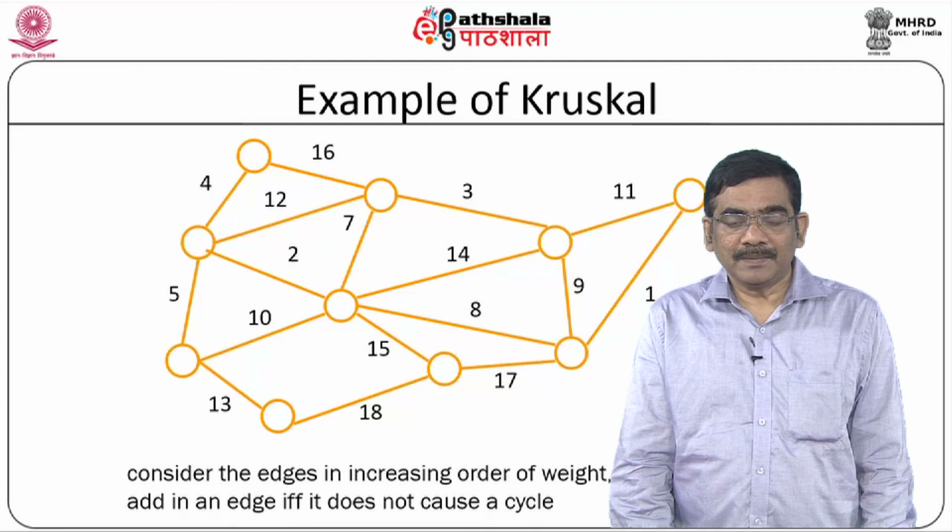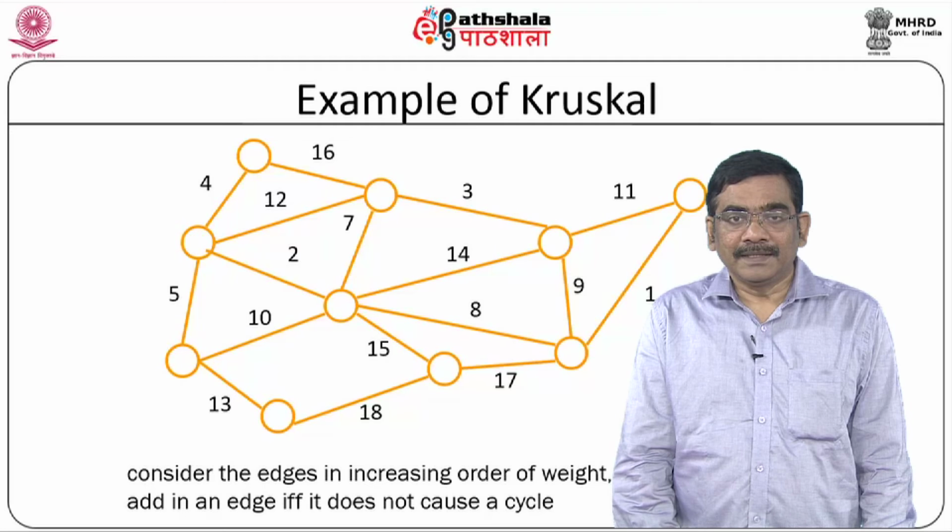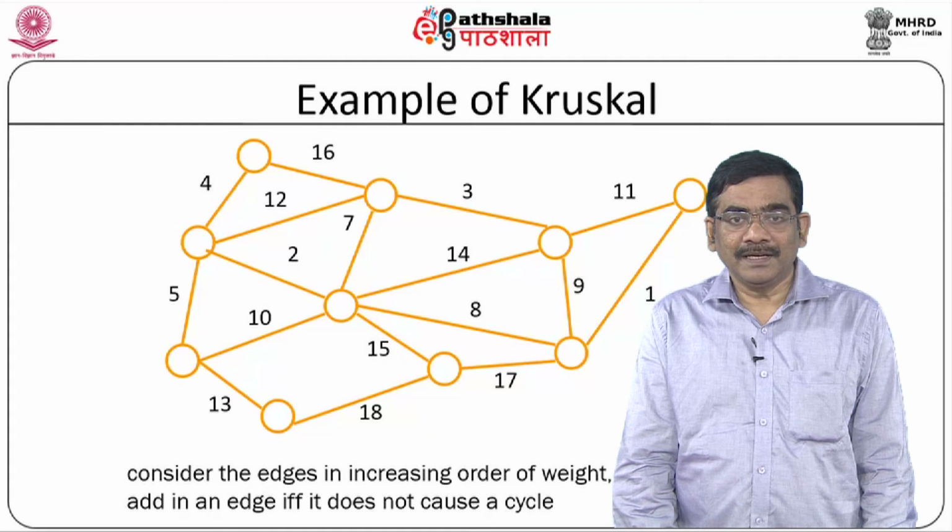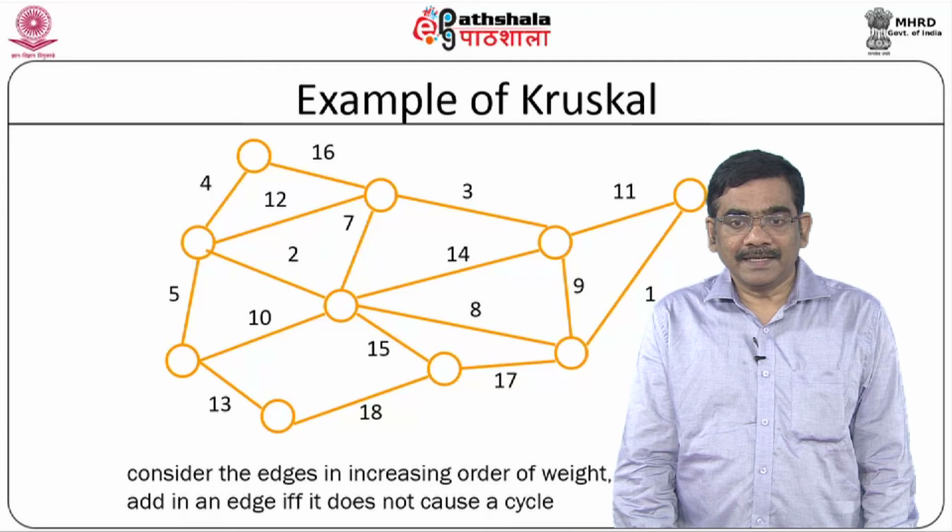The logic is very simple, just sort all the edges in ascending order. Then the selection criteria of the greedy algorithm is to look for the least cost and add that into the spanning tree, provided it does not create any cycle.